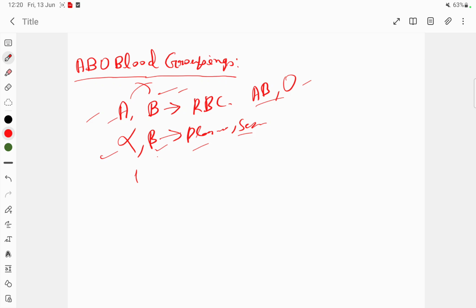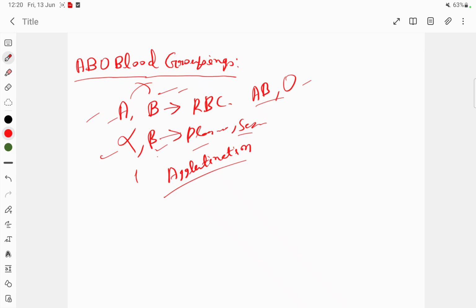Now, how is it checked? Blood grouping is done by a process known as agglutination. Agglutination means clumping of RBCs into masses.